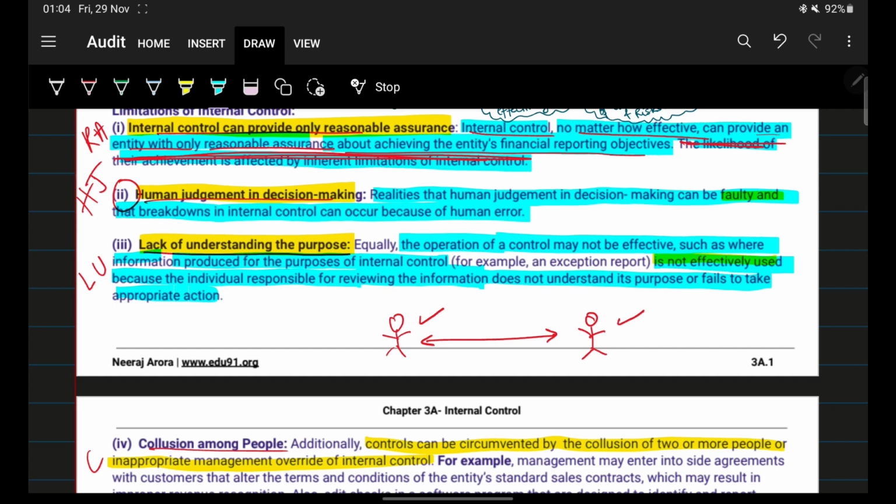Fairly simple, right? If the person doesn't know the significance of why that control is placed and why he has to keep an eye there, if he does not understand the purpose, then he probably is not going to think that anything is suspicious.